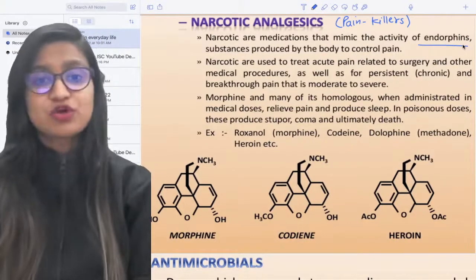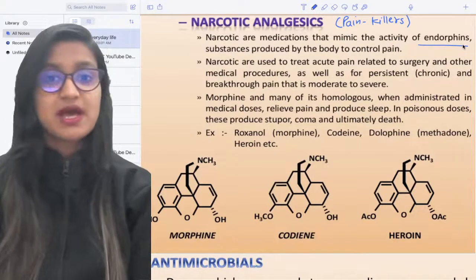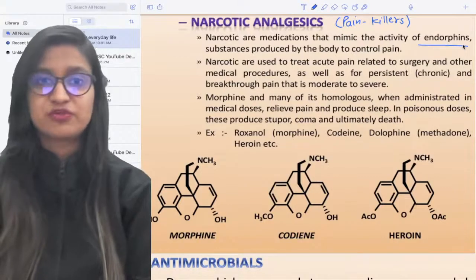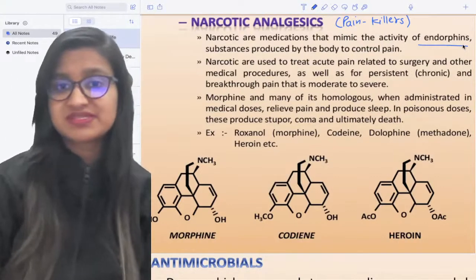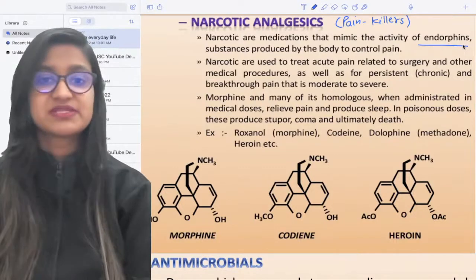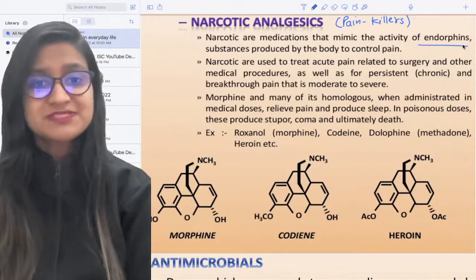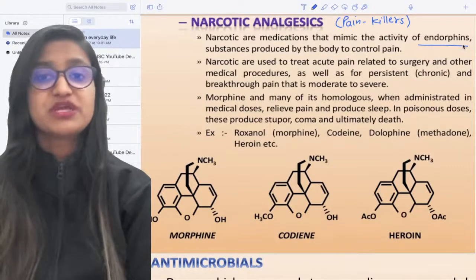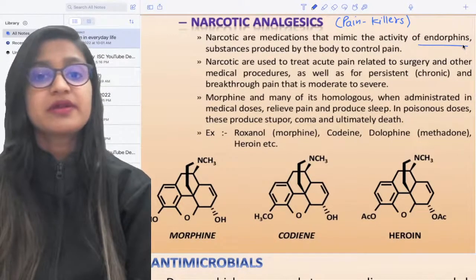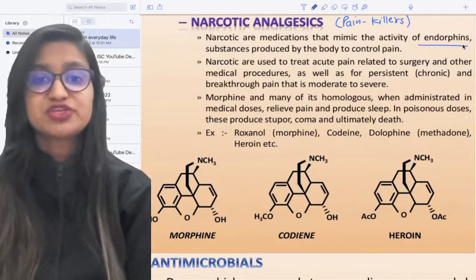So narcotics are medications that mimic the activity of endorphins. The way endorphins work, narcotic medications also work. Endorphins are substances produced by the body to control pain.